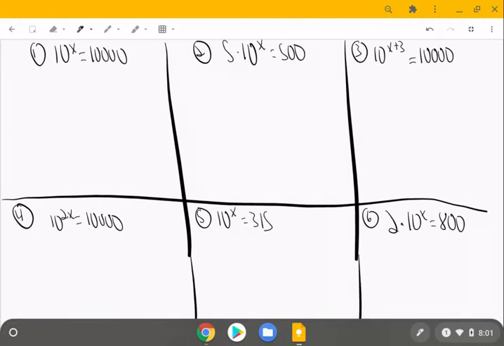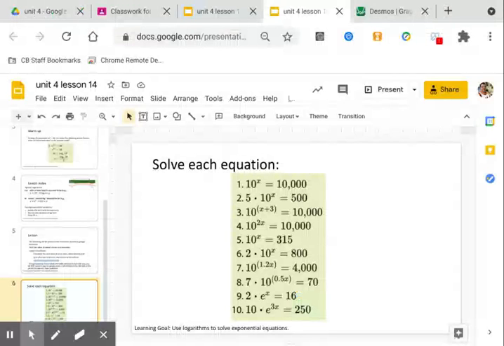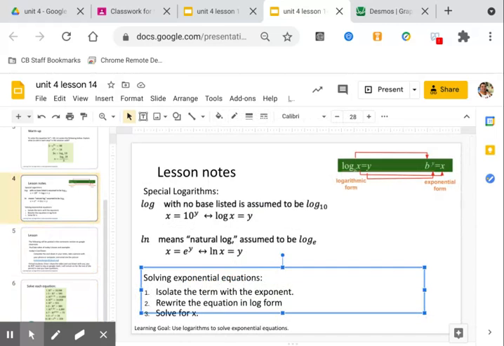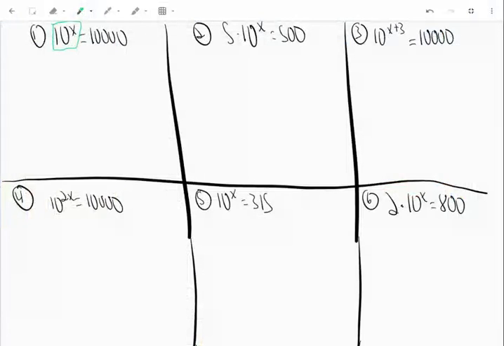So number one is 10 to the x equals 10,000. You'll notice that, again, our first step is to isolate the term with the exponent. Well, this is already isolated, so we don't have to worry about step one. Now we can rewrite it in log form.